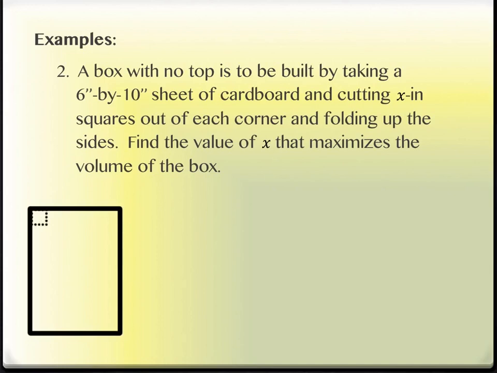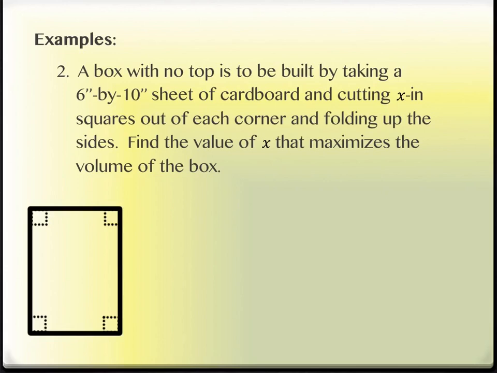So here's the little box that it's talking about. And I have a dotted box in each of my corners. And what we're doing is we're going to cut that out. Like you're physically going to cut along the dotted lines.